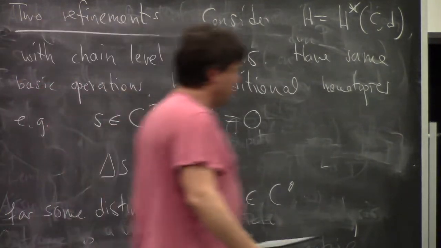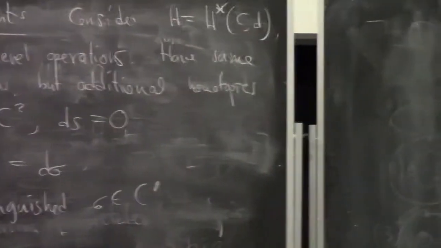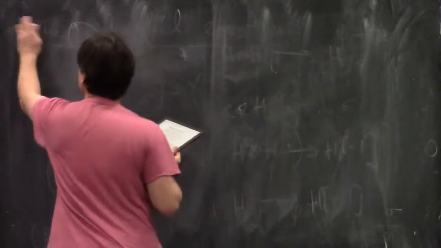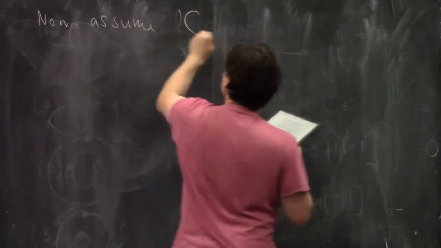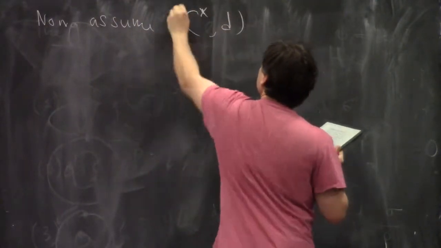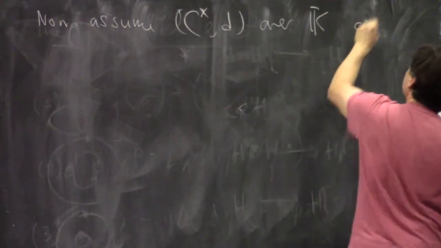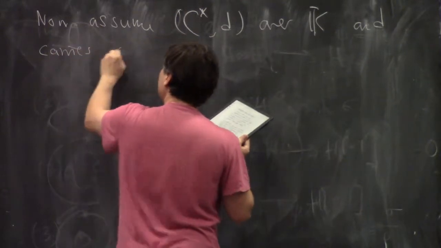So, okay, the second modification that I want to do now involves differentiation with respect to the Kähler parameter. So far there wasn't a Kähler parameter here. Okay, now assume this C star is over K and carries a connection.